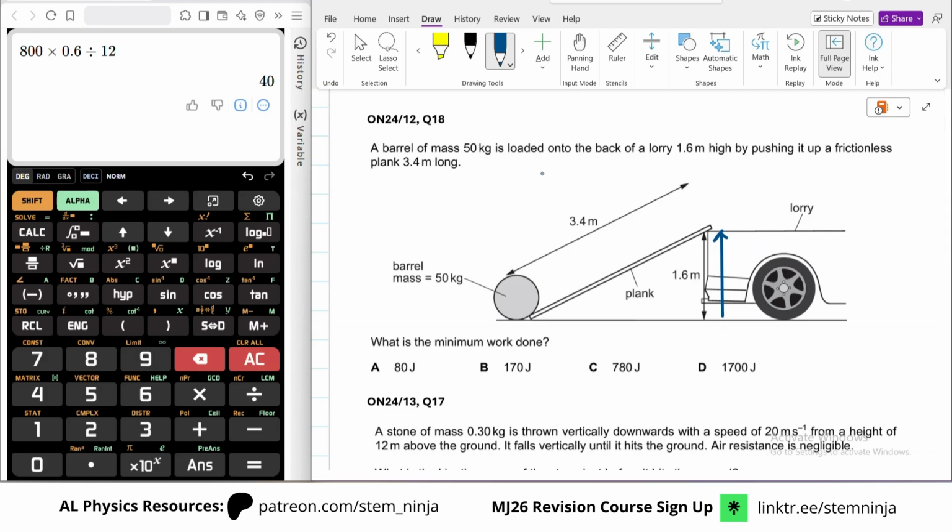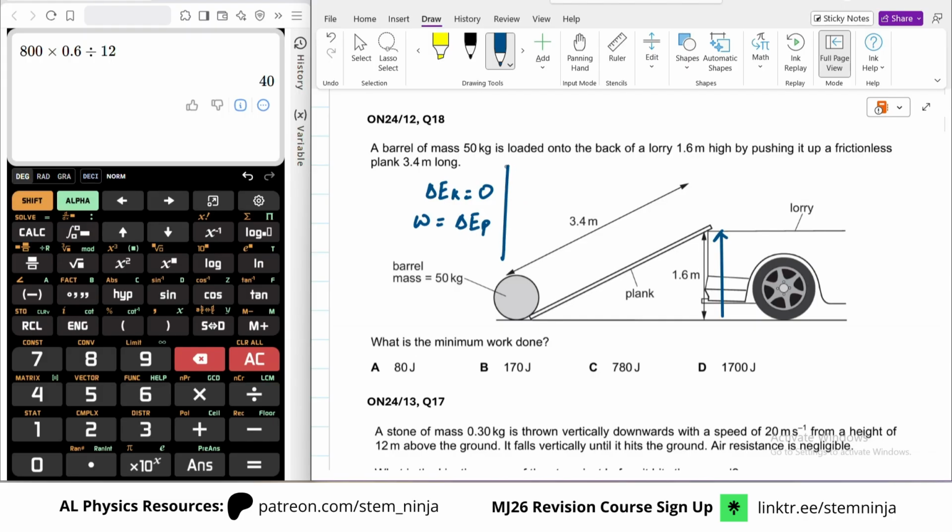Why minimum? Because if we start to consider the change in kinetic energy, then the work done would be greater. If the change in kinetic energy is 0, then work done is the change in gravitational potential energy.